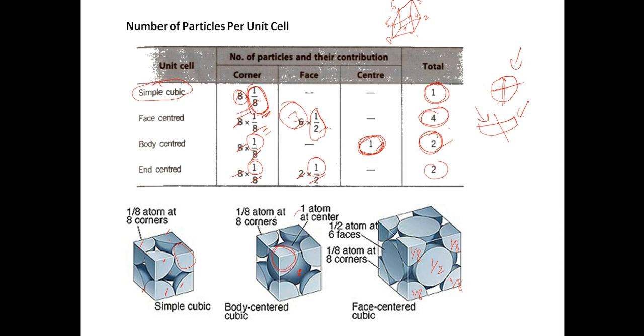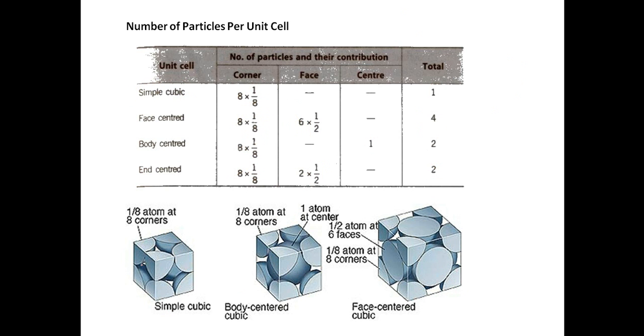So the total number of atoms contributed by face center is 4. So how many atoms are present in a simple unit cell? In a simple unit cell there is 1 atom, whereas in case of face center it is 4, in case of body center it is 2, and in case of end center it is also 2.